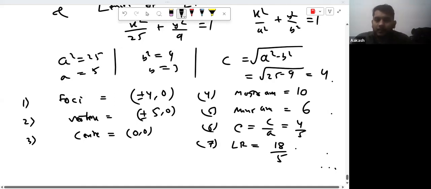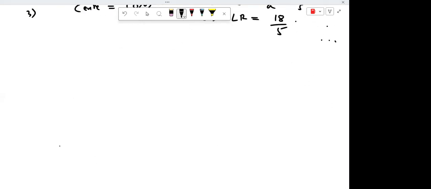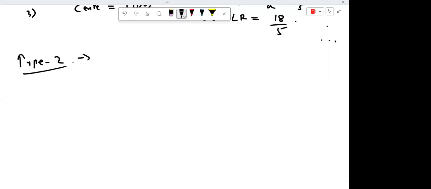Okay. So type 2. Write down type 2. Type 2, when the ellipse looks like this.